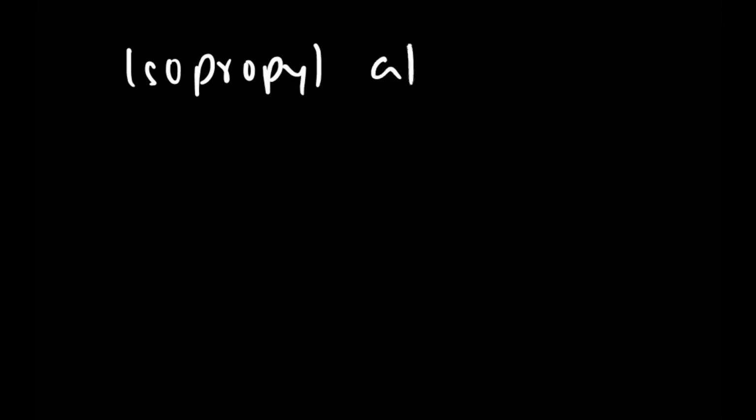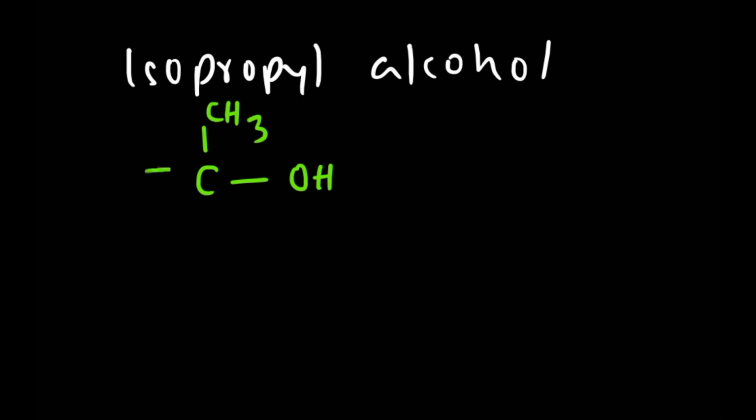Now let us take another example given in the exercise: isopropyl alcohol. Here propyl means 3 carbon atoms, and alcohol, so we first write the complete structure: OH, CH3, CH3, and hydrogen.